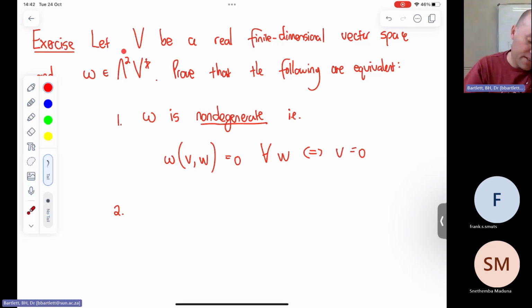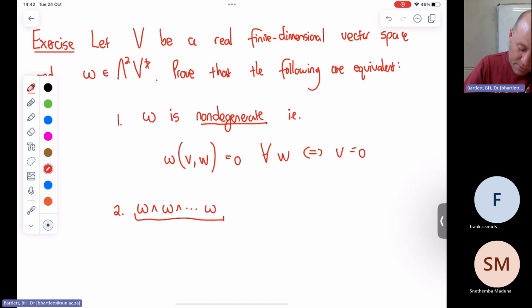But I could alternatively think of omega as living in a vector space of its own right, instead of thinking of it as a function. What space does that function live in? It lives in its own vector space, which is this guy. And then I can say that the top exterior power of omega, so I've wedged it with itself here, m times.